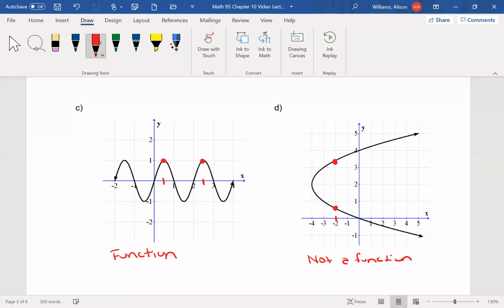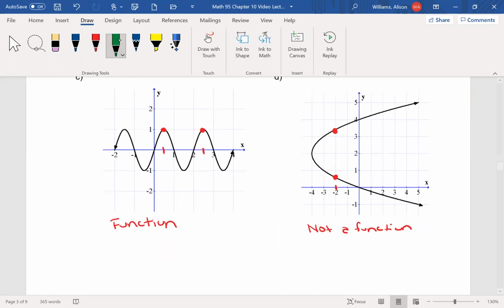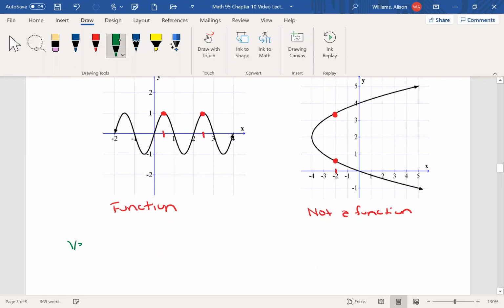Now, here's what's kind of nice. There's actually a really easy visual way of checking if a graph is a function, and it's called the vertical line test. So if we draw a vertical line and it hits the graph more than once, it's not a function.